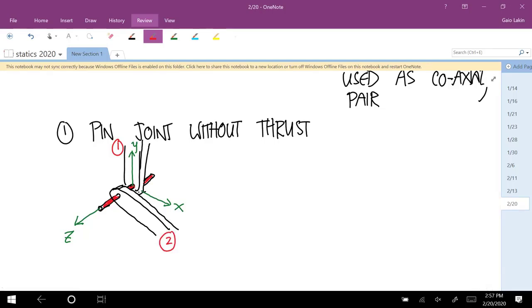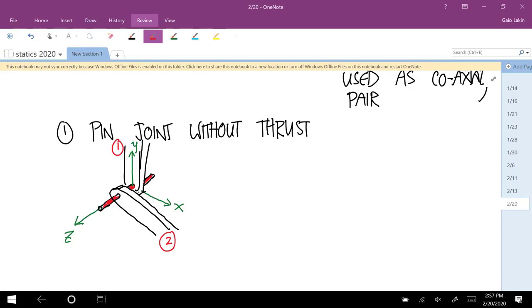And let's think about the motions that are allowed here. Member 1 is this really skinny piece on top, and you can see the pin here is free to slide along its axis. That's the Z axis in this picture. It's sliding along the Z axis when it does this, okay?